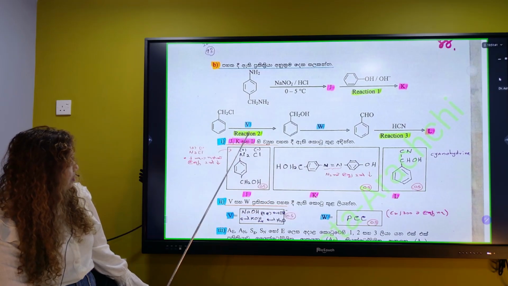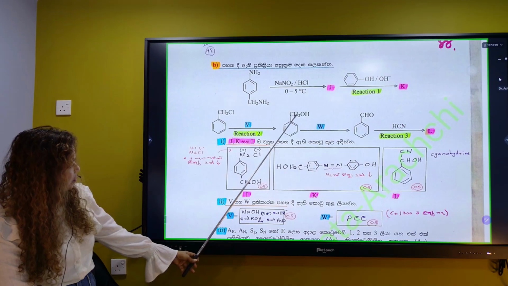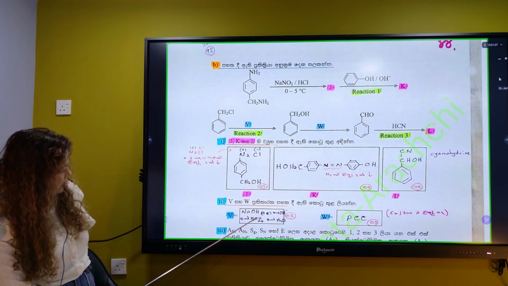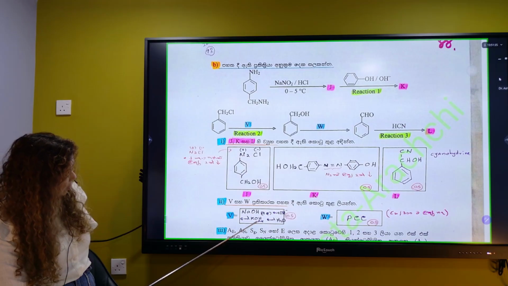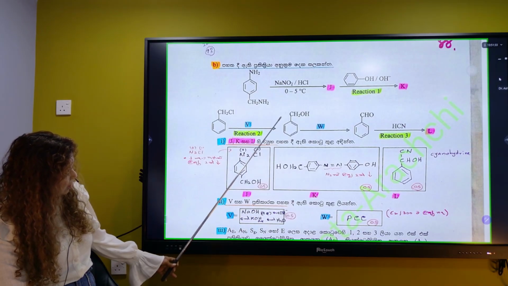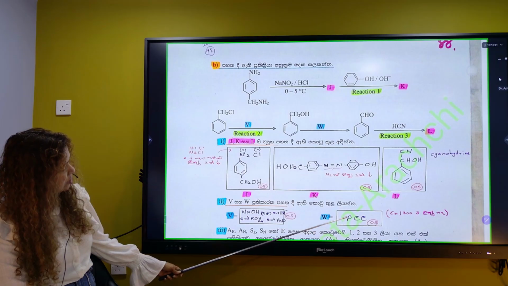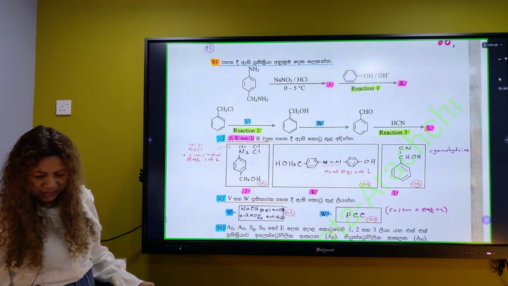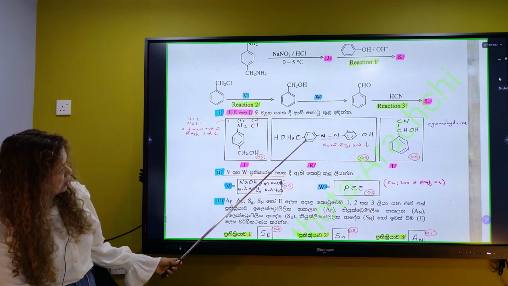Then sodium hydroxide or potassium hydroxide, any of these pairs, and then PCC. See, now they are checking your memory. PCC, and then HCN.